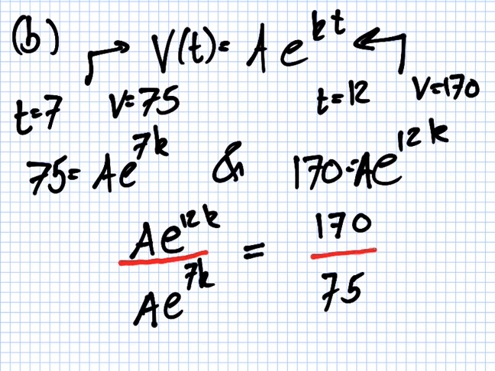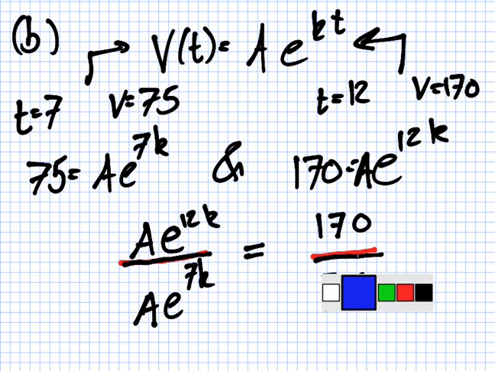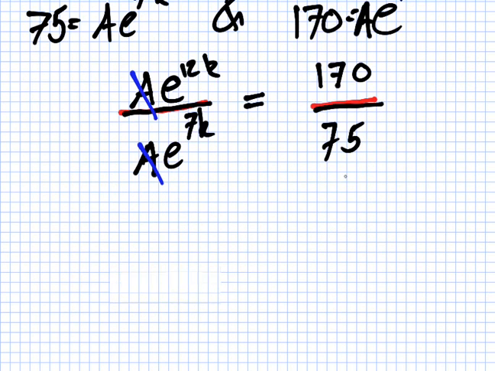You might say that equation looks a lot more complicated than the two equations we had a moment ago. But you realize a lot of things cancel here. These A's go, and when we have these e's divided, we can use the second rule of powers: division means subtraction of powers.